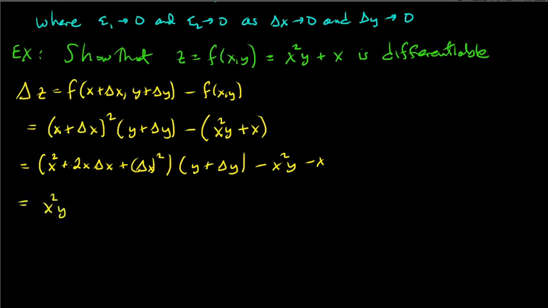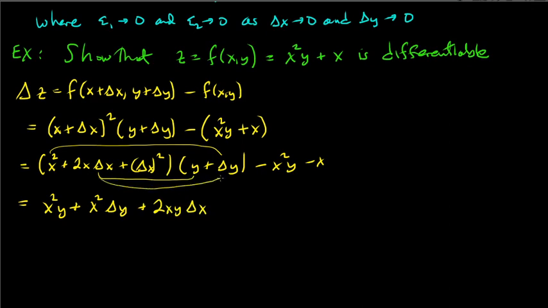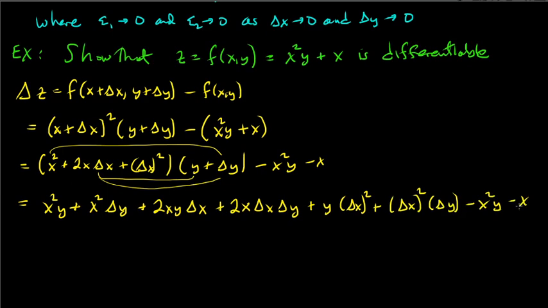We're going to get x squared y, plus, let's do it this way, x squared times delta y, and then plus 2xy delta x, then 2x delta x delta y, and then y times delta x squared plus delta x squared times delta y, and then minus x squared y minus x.